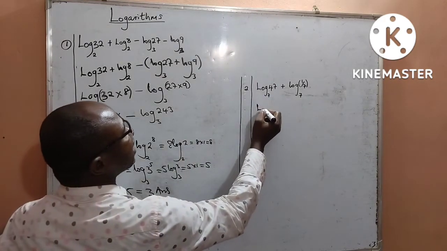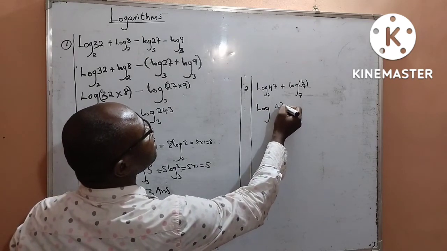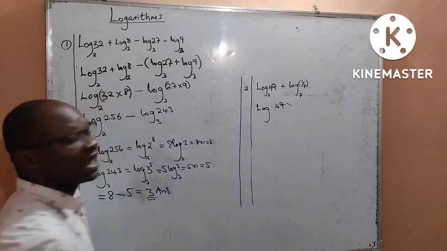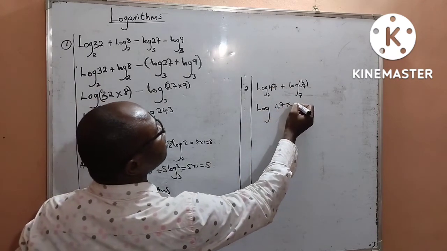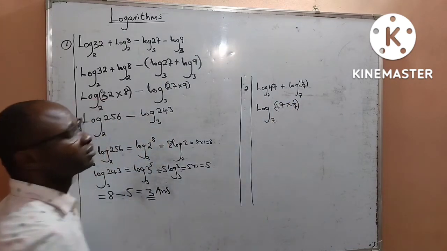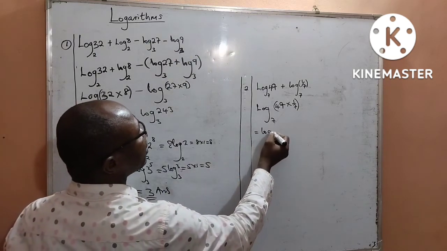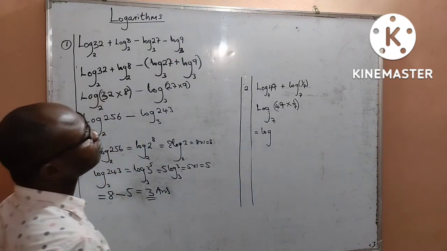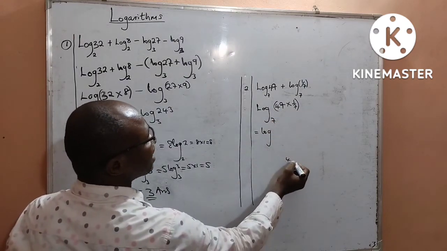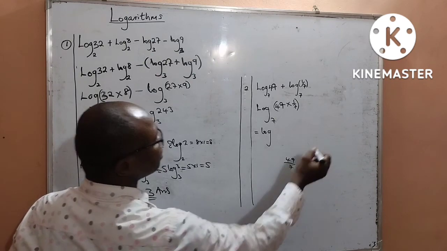When that happens, what I will simply have is the log of 49 multiplied by 1/7, to one common base 7. 49 multiplied by 1/7 is the same as 49/7, which gives us 7.